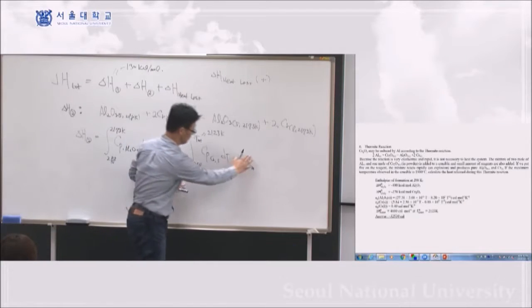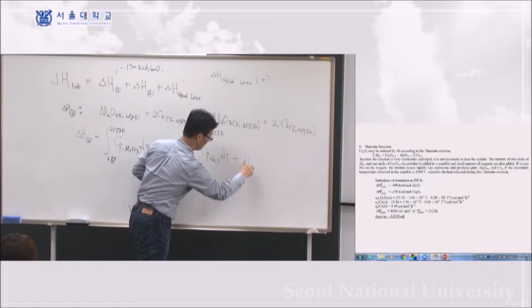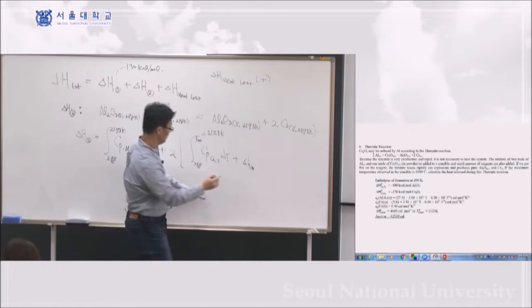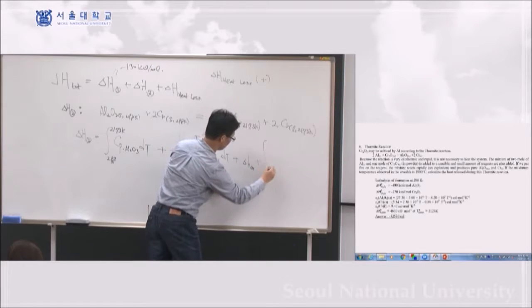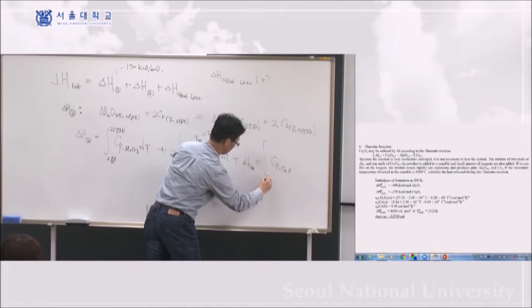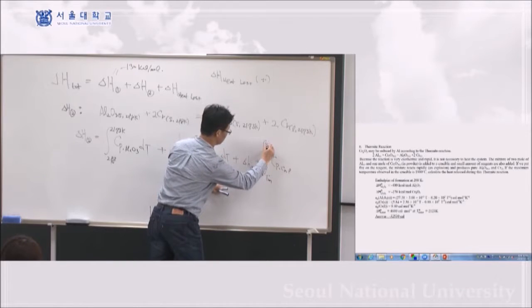If you like, you can make a small H0 melting or H0 fusion, it's the same actual meaning, plus integral Cp of the chromium liquid state from Tm to the final temperature.